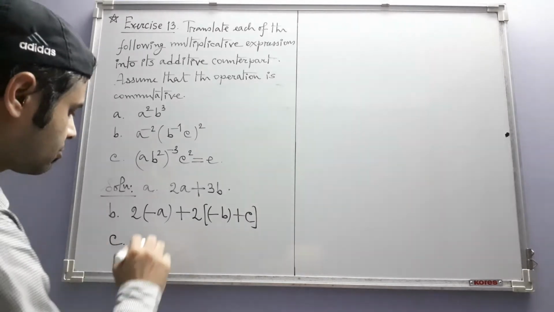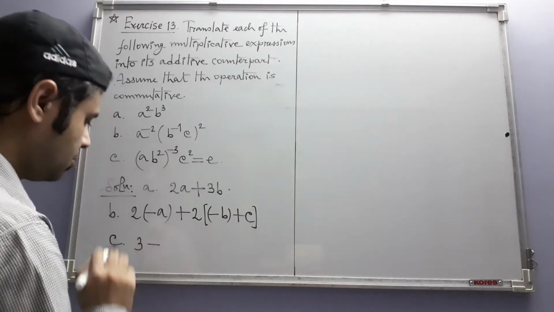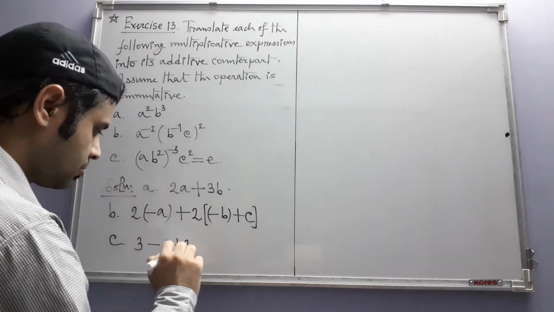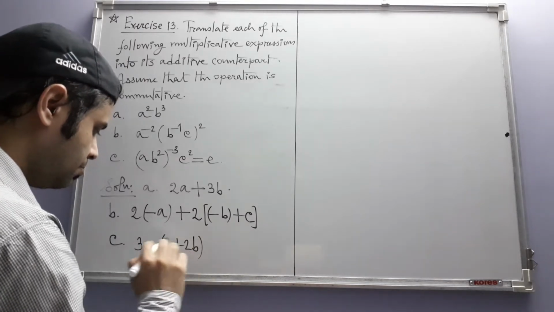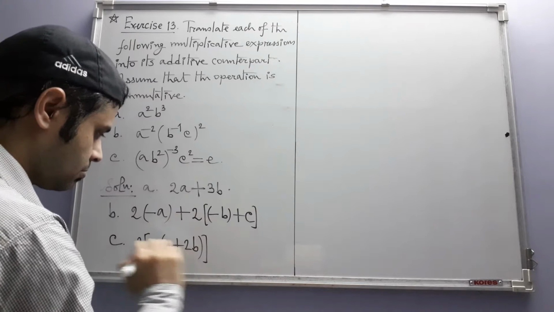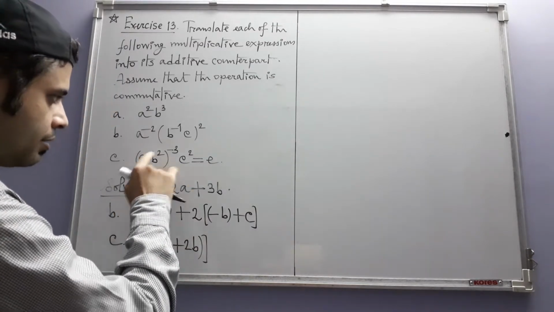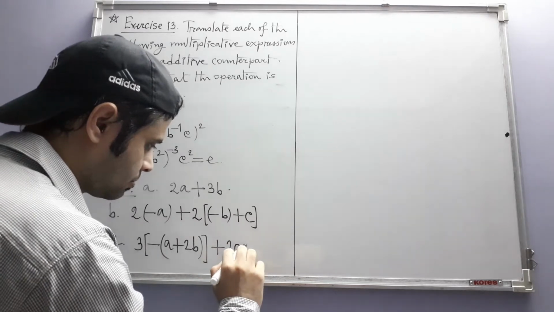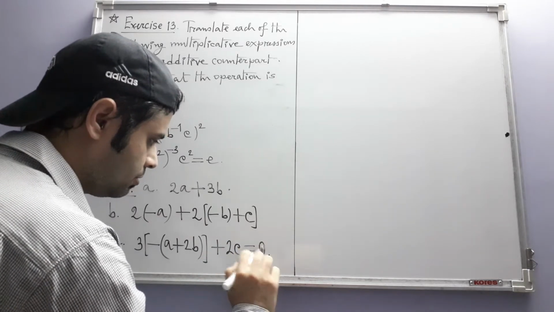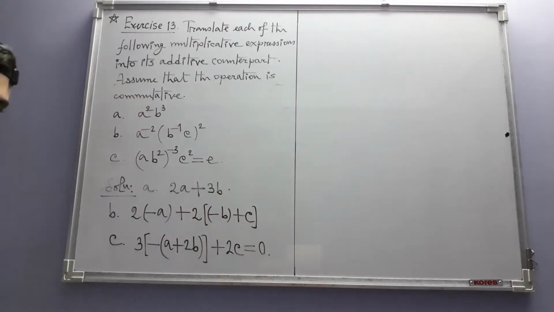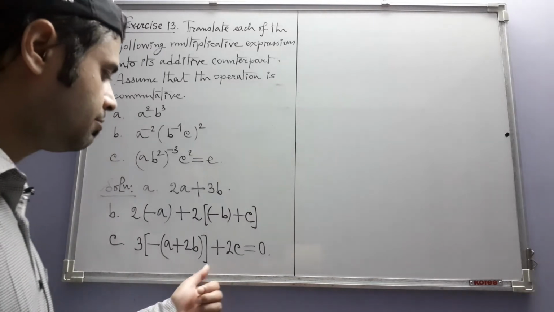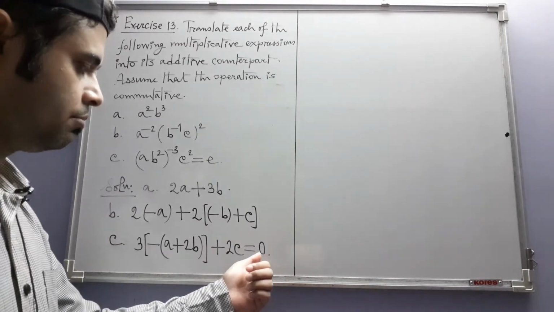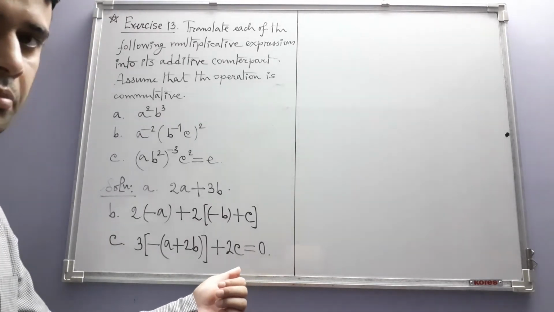Inverse of ab square is minus of ab square, that means a plus 2b, and the other thing is 2c, that is equal to 0. If you want, you can write e also, but usually when we use additive notation, we denote the identity element by 0.